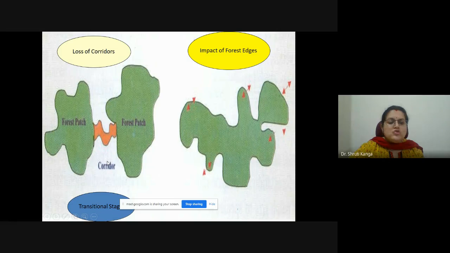And it is also losing the corridors. It is also impacting the forest edges. They are becoming smaller, which were earlier broader, or maybe they are being fragmented into different parts.